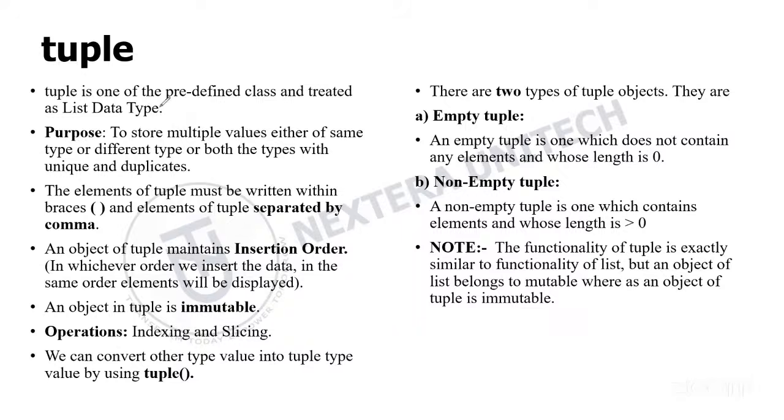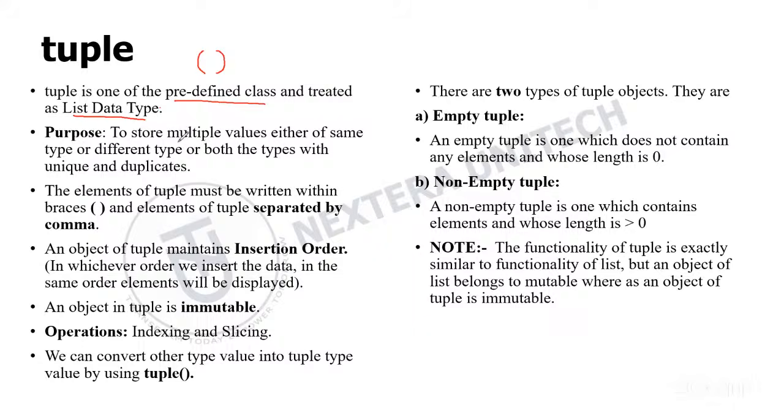So tuple. Tuple is very similar to list, but the major difference is lists are stored in square brackets whereas a tuple is stored in parentheses. Tuple is a predefined class and is treated as a list category data type.